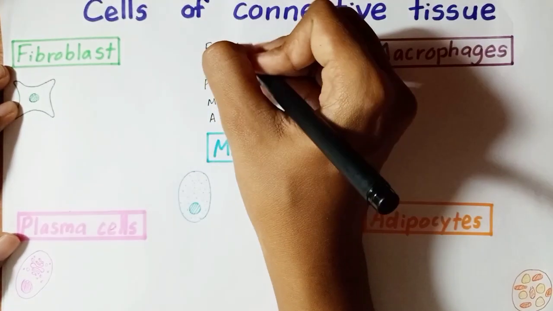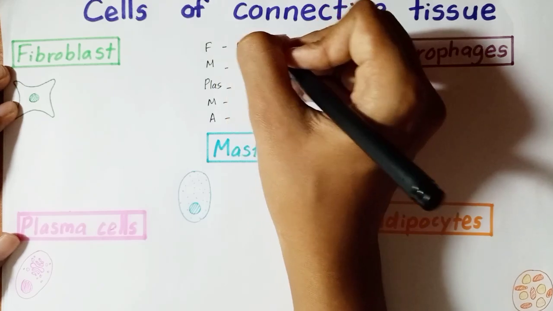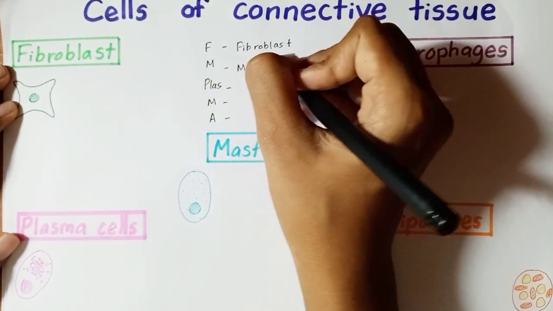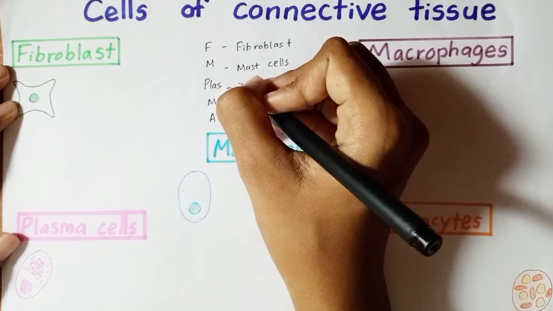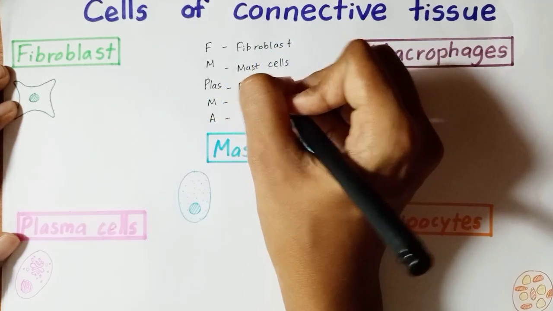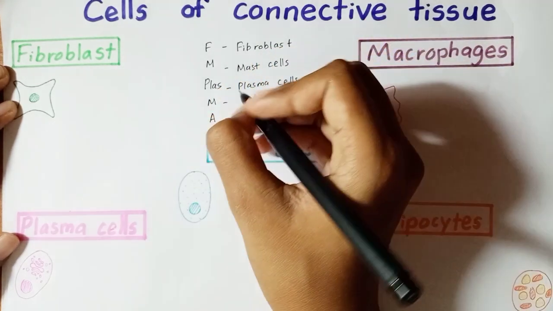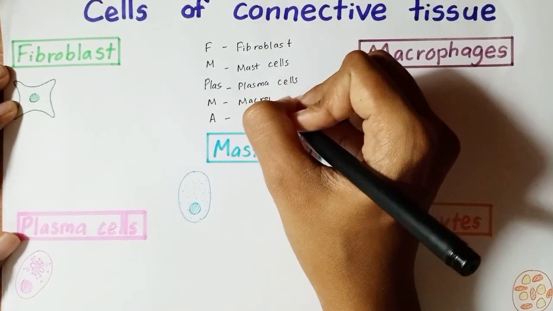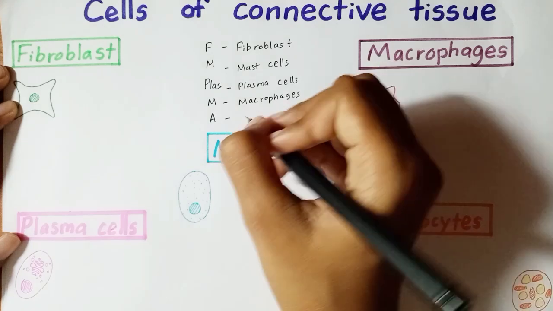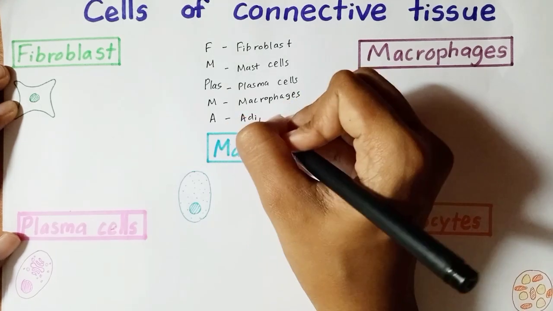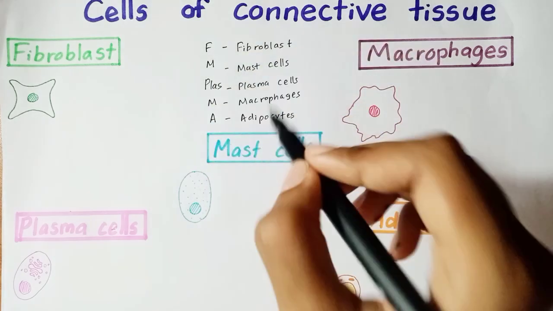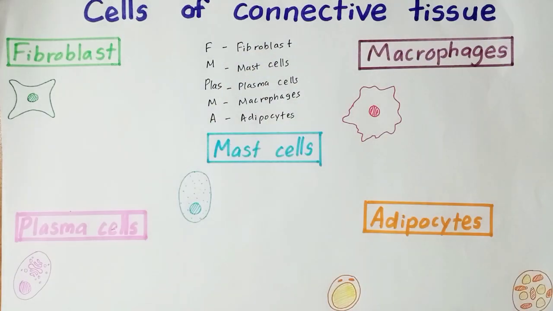F means fibroblast, M means mast cells, Plas means plasma cells, M means macrophages, and A means adipocytes. So in this way we can easily remember these 5 cell types as FM plasma.